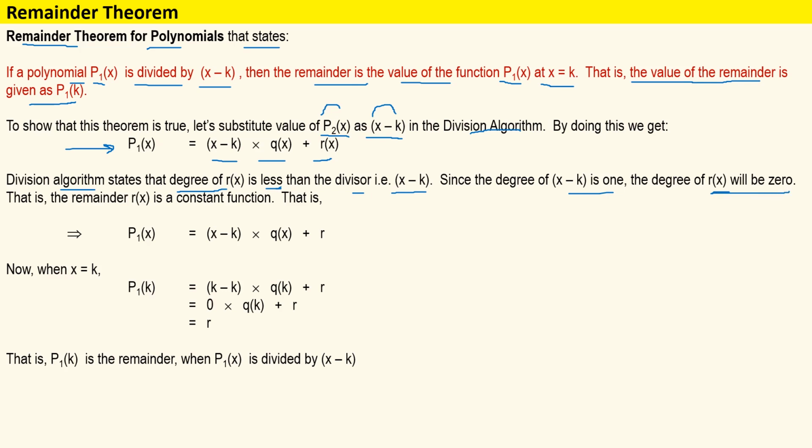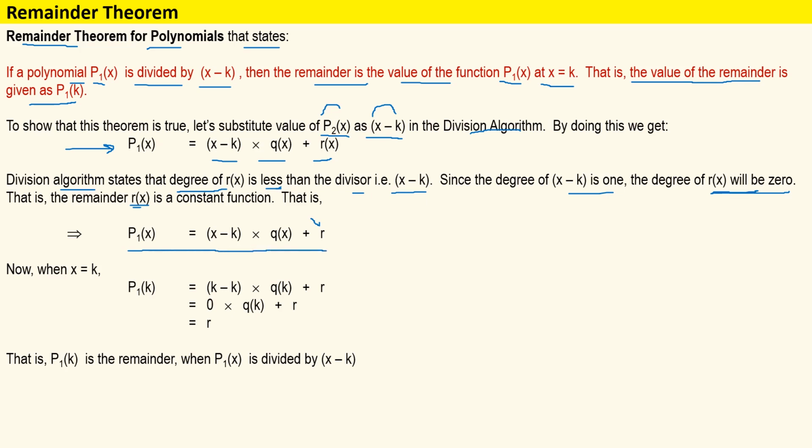A polynomial which has degree 0 is called a constant function or a constant polynomial. So we can replace r(x) and show it as just r here. So what we get is that p1(x) is equal to (x minus k) times q(x) plus r.